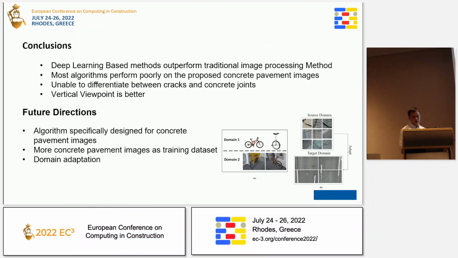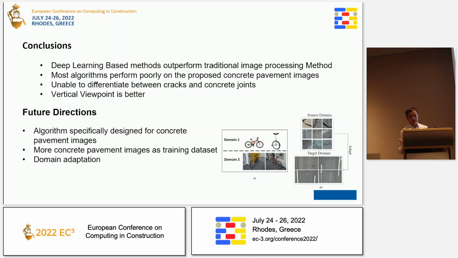So our conclusion is, first, the deep learning-based methods outperformed the traditional image processing method. So the trend of moving to deep learning instead of sticking to traditional image processing might be a legitimate and reasonable move. The second is that most of the algorithms perform poorly on the proposed concrete pavement images.